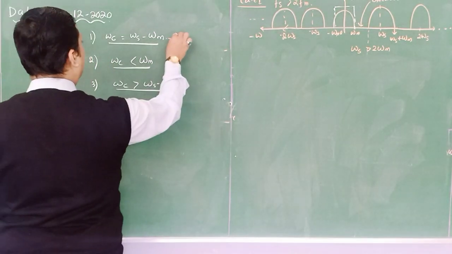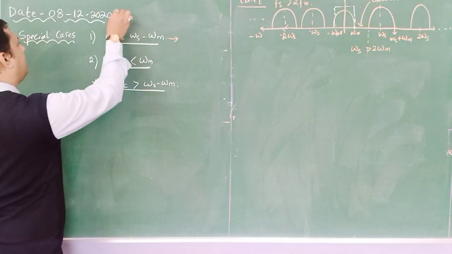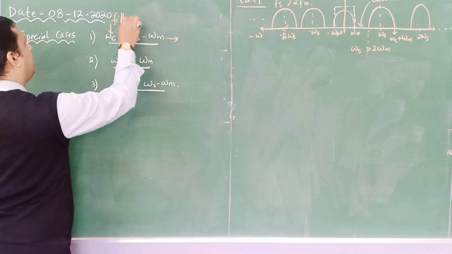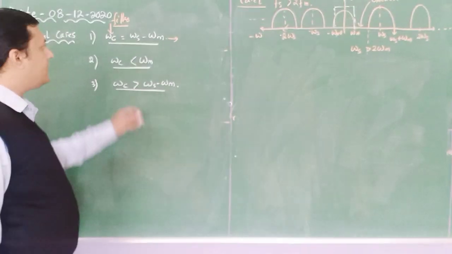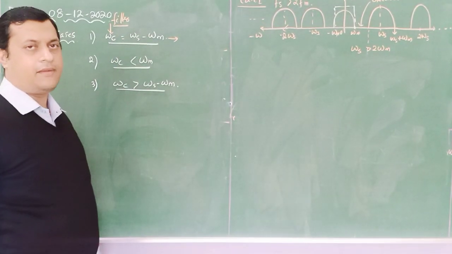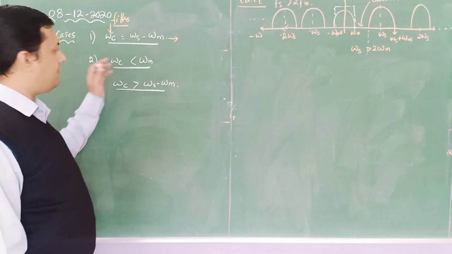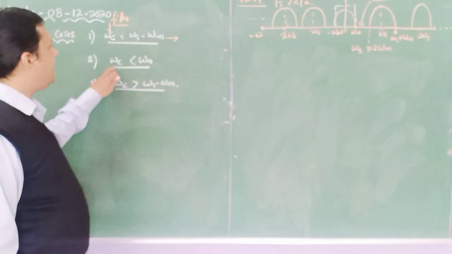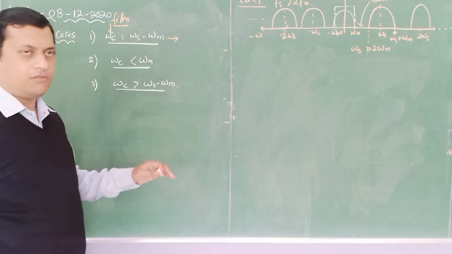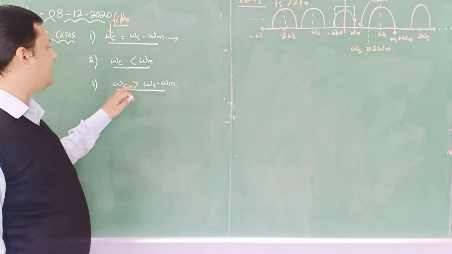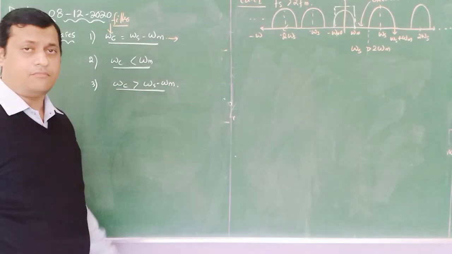So here you can see, first this is the filter response. If the filter response is equal to omega s minus omega m, then what will happen? Then omega c less than omega m, what will happen? And omega c greater than omega s minus omega m, what will happen?